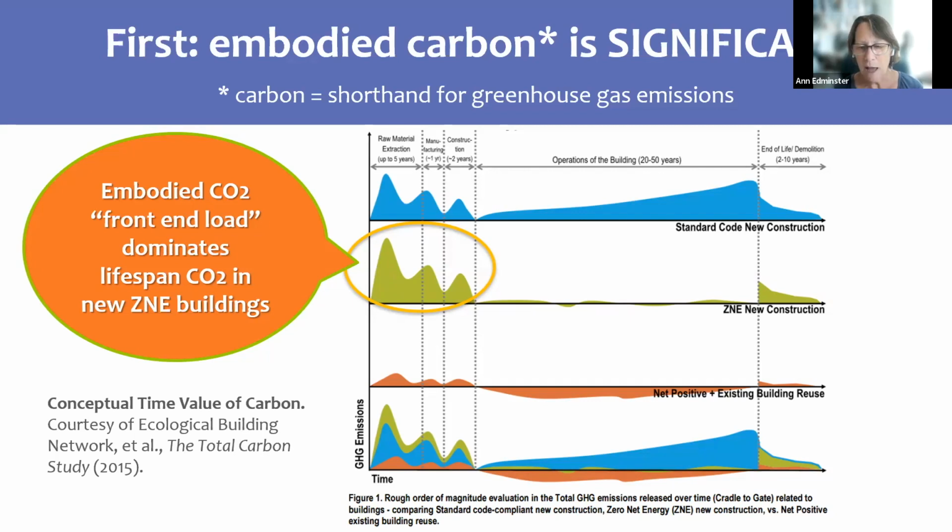So this graph is really more of a conceptual thing than real numbers, but I'm pointing to the second version of the graph from the top, which represents zero net energy new construction, where, in other words, in the big block of time in the middle, the building's operational life, we're achieving zero net operating energy.